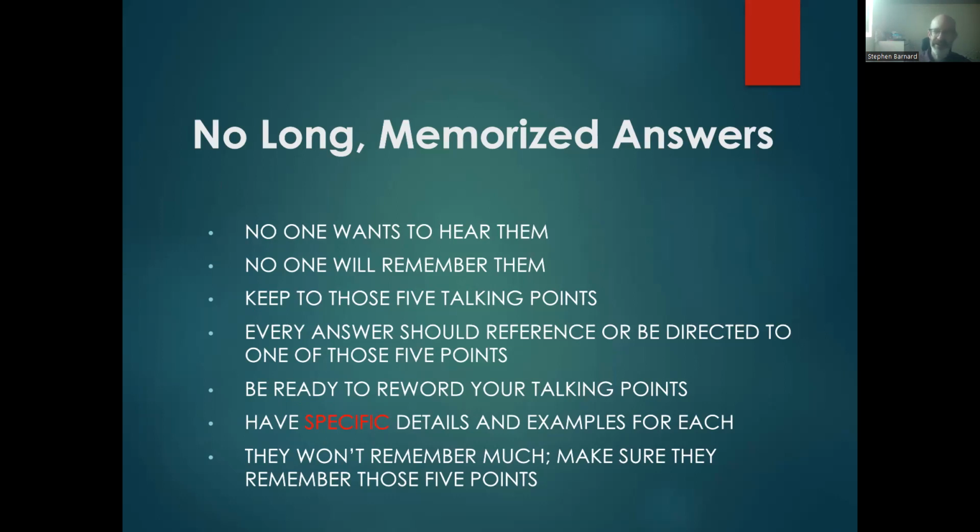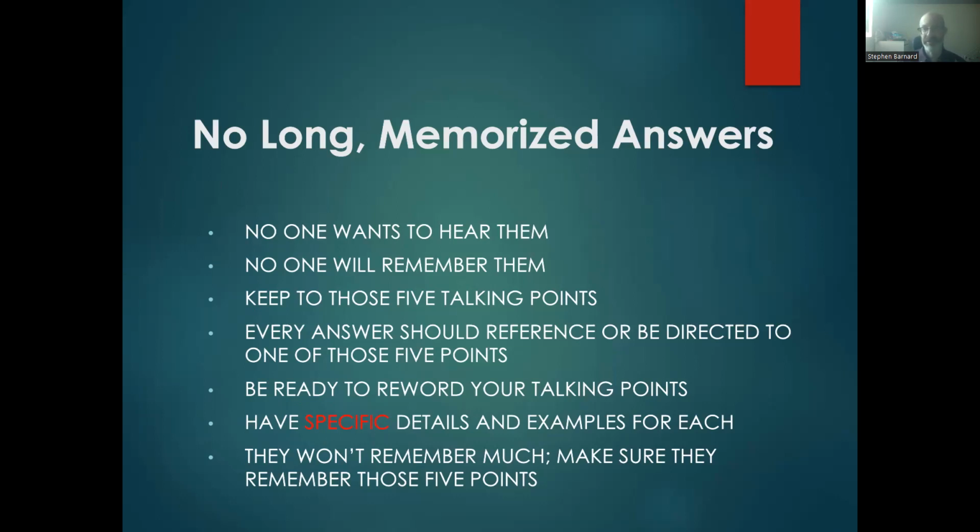So instead of having long memorized answers, just try and remember which one of your 5 talking points you want to include in that answer, and then do your best to improvise the rest. Every answer to every question should reference or be directed to one of those 5 talking points. And one of the reasons is, if you have an interviewer who talks to you for 20 or 30 minutes, they're not going to remember very much.